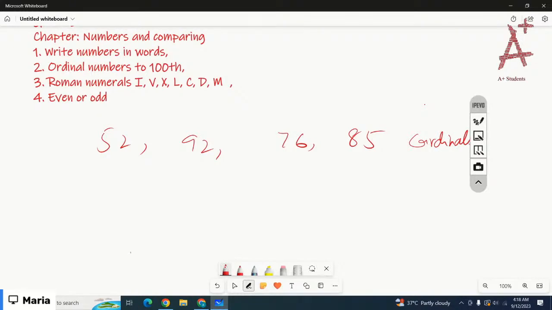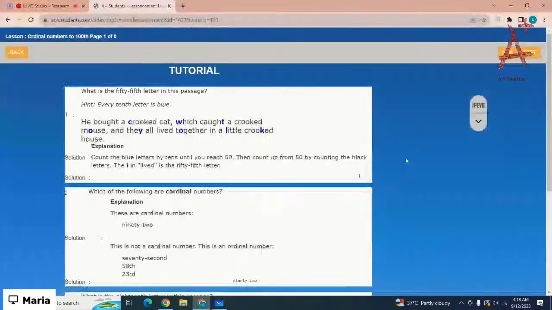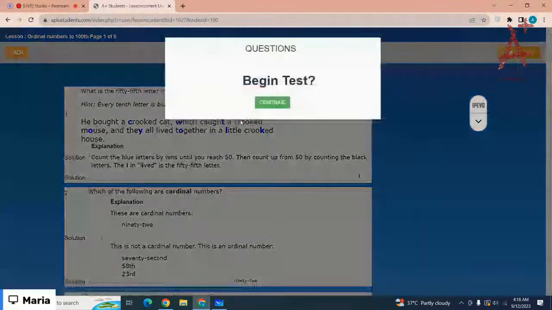And what are the ordinals? 52nd, 92nd, 76th, 85th, right? Third, 94th, they all are the ordinals, right? So they are the ordinals. That's all you have to understand with this one. Let's just start with the practice questions.